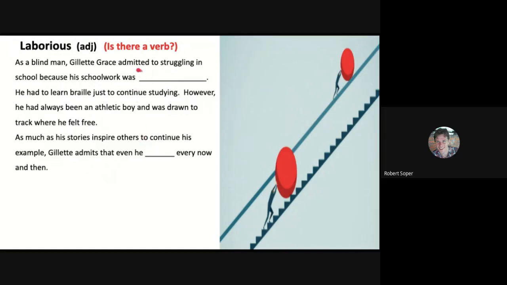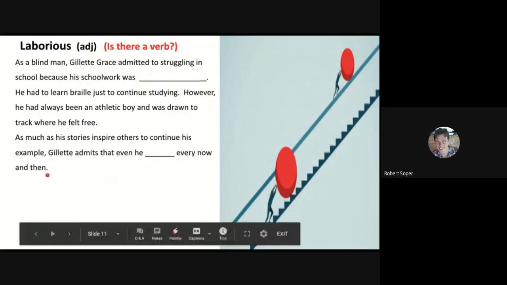So up here in this space, we were putting the adjective laborious, following the simple subject, be verb, adjective structure. Why was his schoolwork laborious? Well, it was very difficult because he had to learn Braille just to continue studying. And down here in this gap, we had Gillette admits that even he labors every now and then.